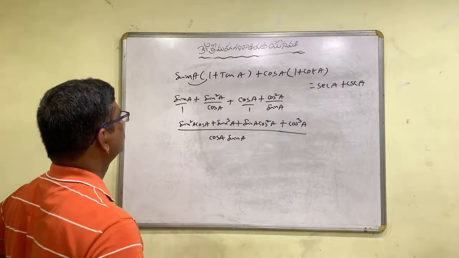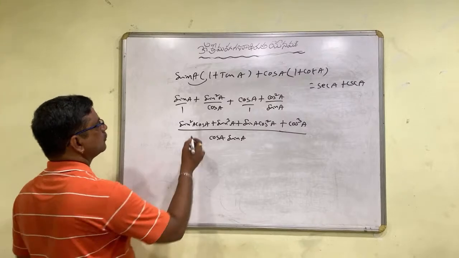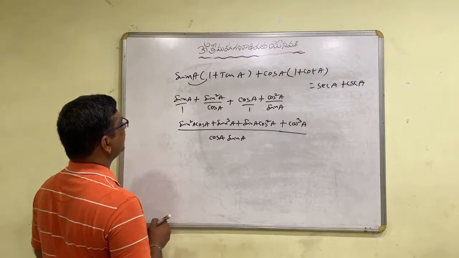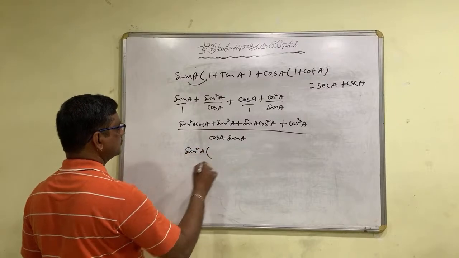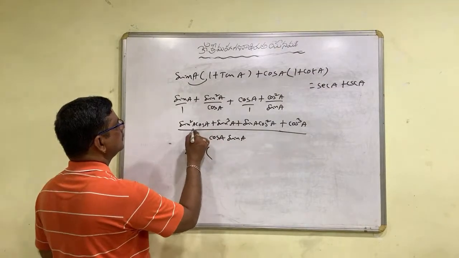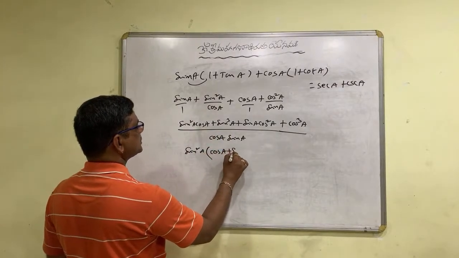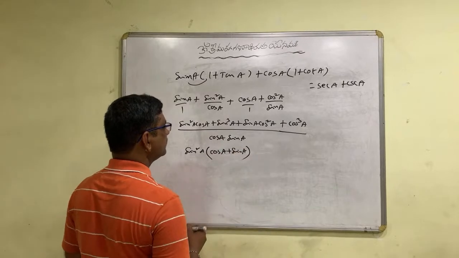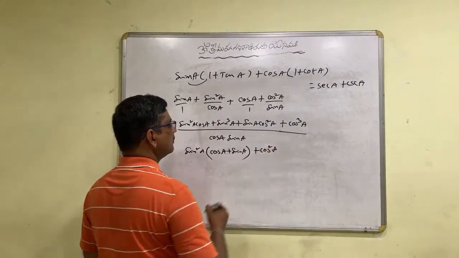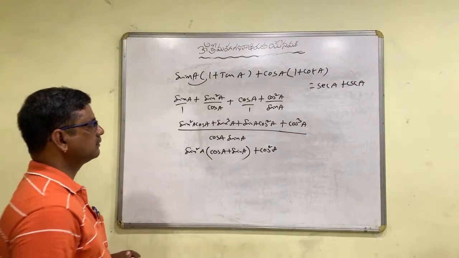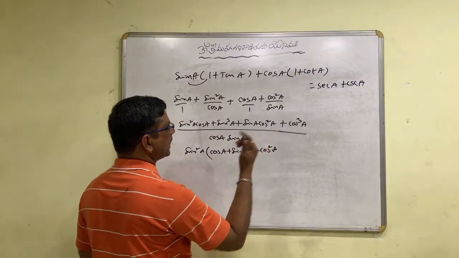Now what we have to do? From first two we can take sin square A common. If I take sin square A common, remaining is cos A plus sin A. And from the last two, cos square A common.